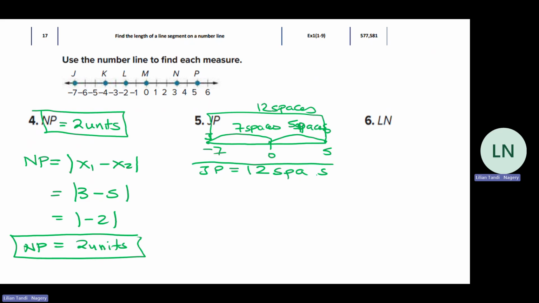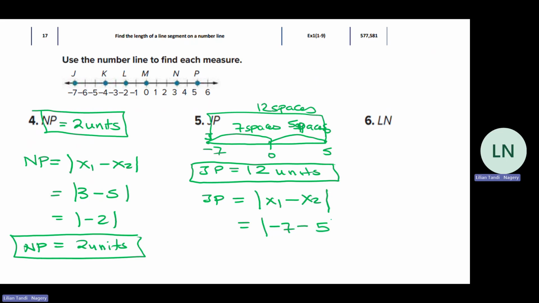This is not spaces here. You're supposed to write units. Okay. And then check using the formula, the absolute value of x1 minus x2. Here you're going to do -7 minus 5.